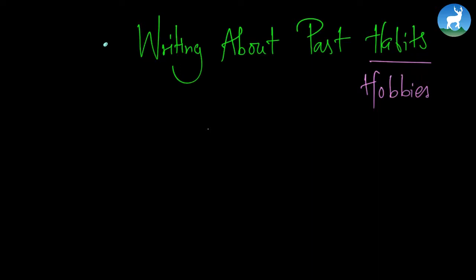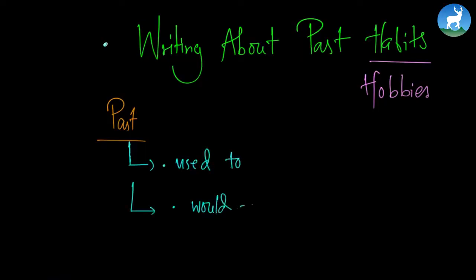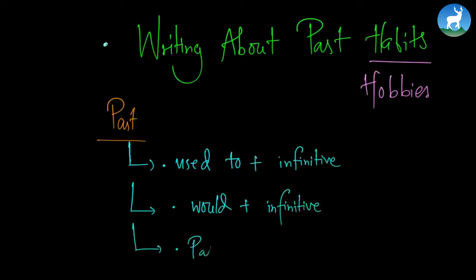So, first of all, before starting, we must know that whenever we are writing about the past, especially, past repetitive forms are used. So, what does that mean? That means we use structures like used to plus infinitive, would plus infinitive, and the past simple tense.